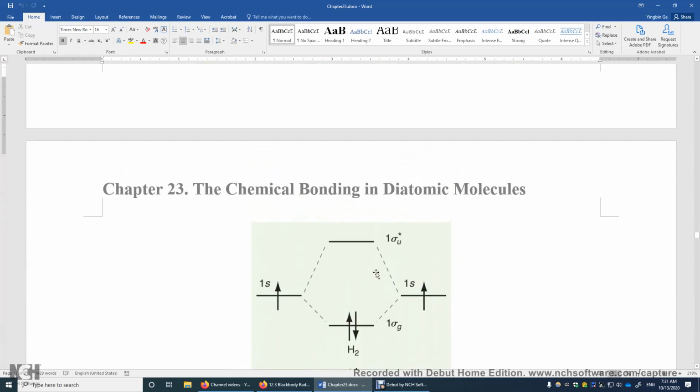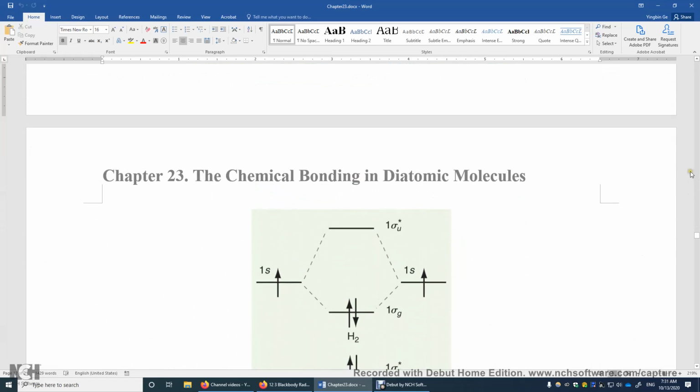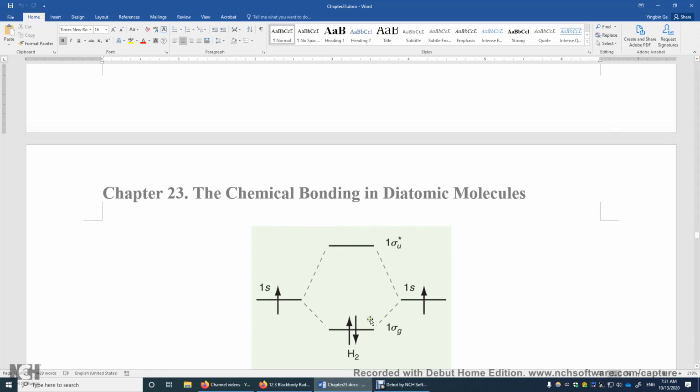Now let's look at the MO diagram of H2 again. So this is the MO diagram of H2. You have one electron here, another electron here, one from each 1s orbital. The two 1s atomic orbitals can form two different linear combinations.